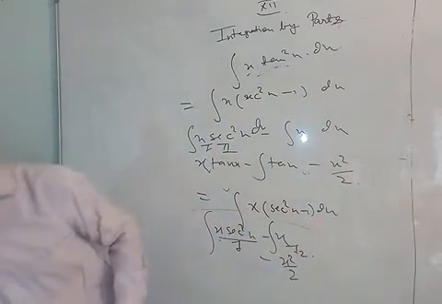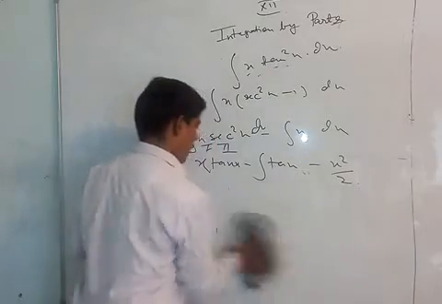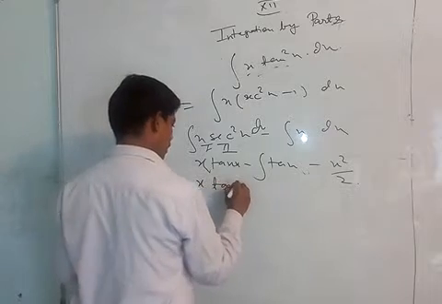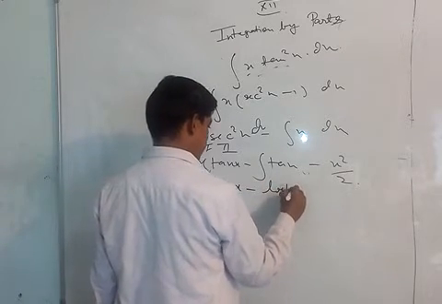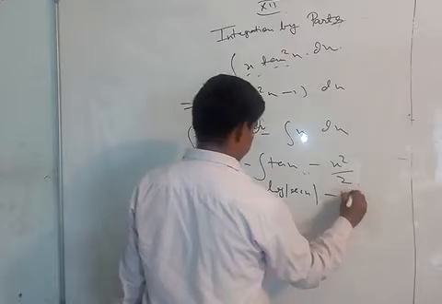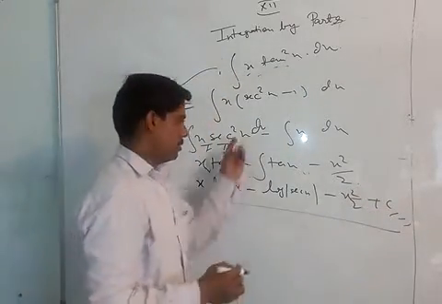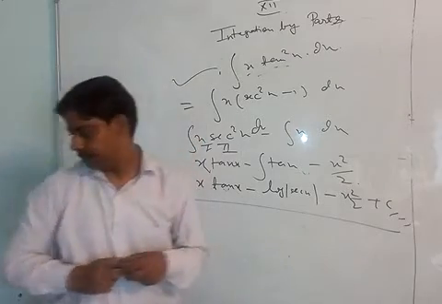And now we can write this as x tan x minus log secant x, minus x square by 2 plus c. This is the answer for this question. So this is how by parts is used.